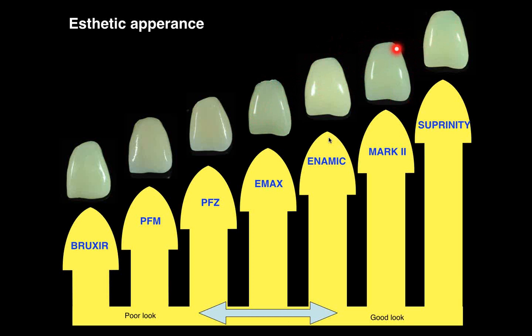It can also happen to Mark II. We can see already in this picture, it tends to look a little bit grayish. The nicest looking material is really Suprinity or the Inamic. Inamic is also not so bad. What is very, very poor looking are, again, the full contoured zirconium oxides, which somehow have become popular.